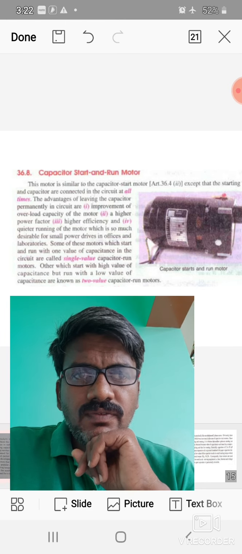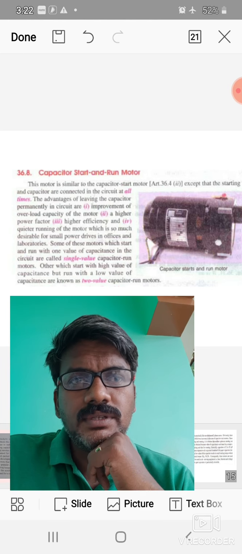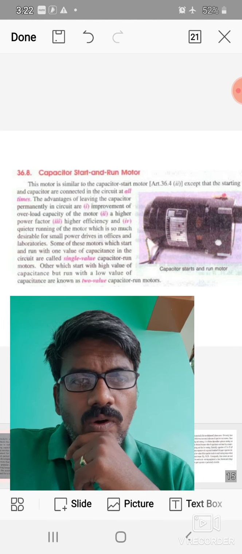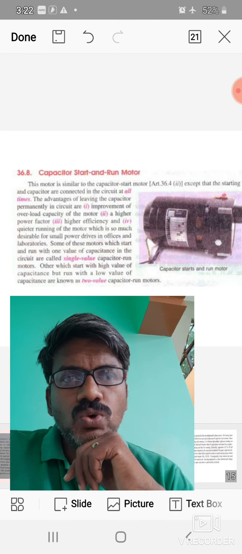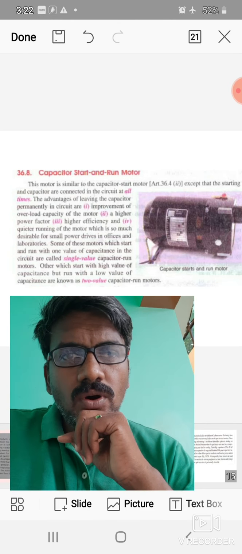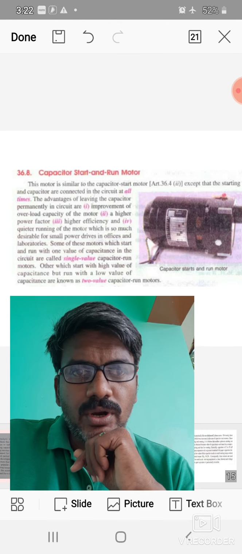The advantages of leaving the capacitor permanently in the circuit are: number one, improved overload capacity of the motor; number two, a higher power factor; number three, higher efficiency; number four, quieter running of the motor, which is so desirable for small power drives in offices and laboratories.